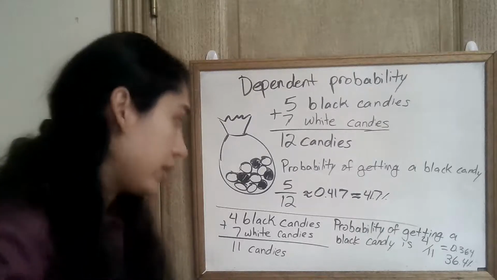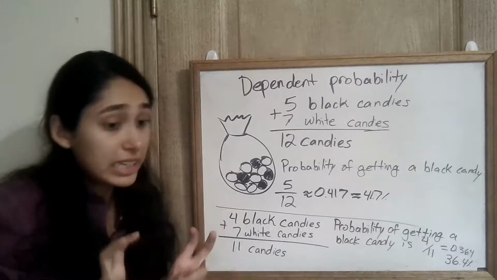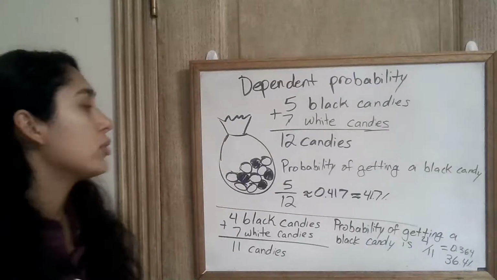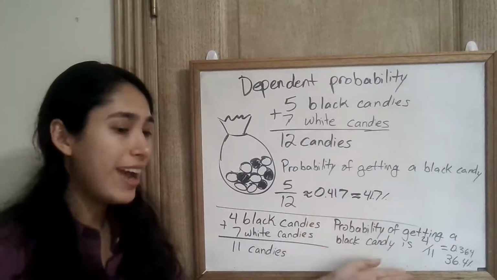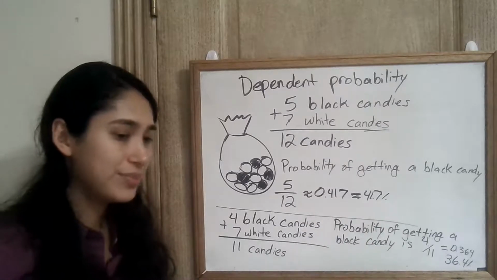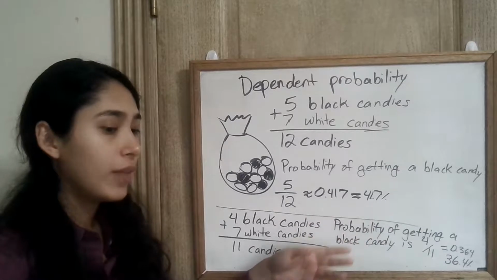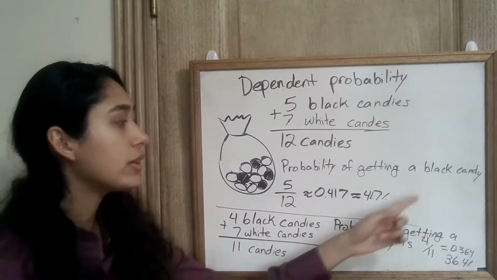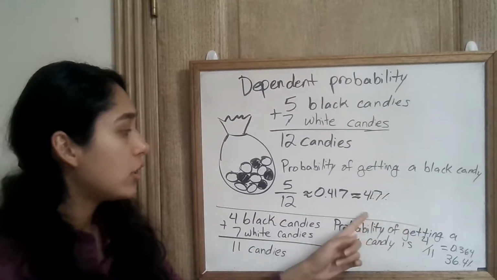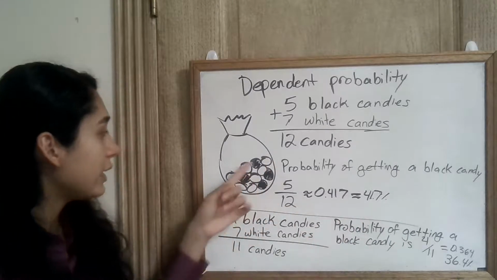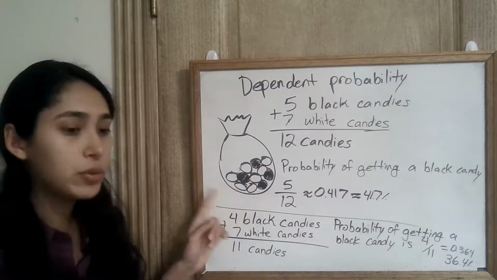That's why when people talk about a winning streak, or that you've been very lucky, sometimes they will say your luck will run out. Not necessarily believing in luck, but your possibility of having a favorable occurrence, which is getting the black candy, is that you'll eventually run out of black candies in the bag and only be left with white candies.